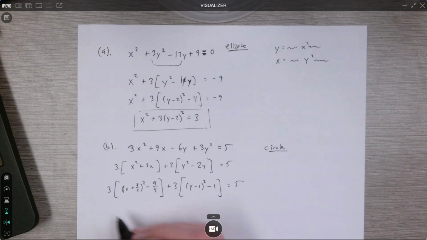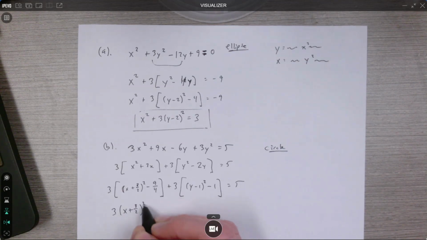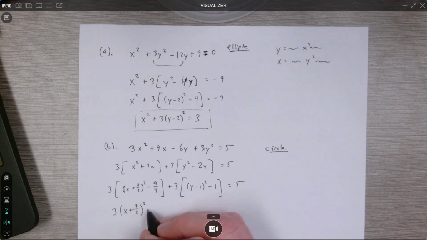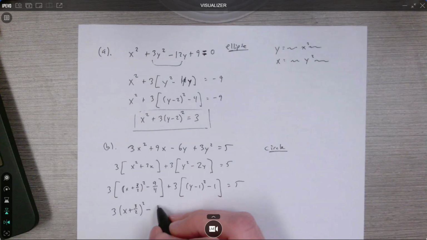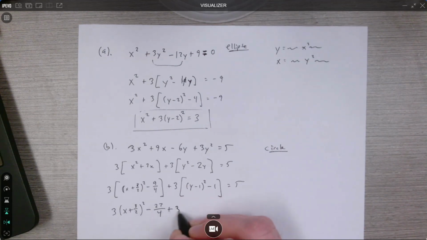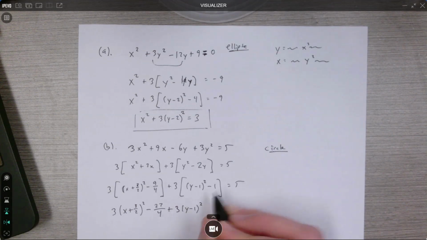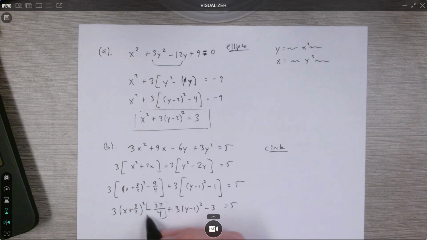So now multiplying back in, I've got 3 times x plus 3 halves squared. Multiply the 3 in. So that's going to give me 9 times 3 is 27 fourths. 3 times y minus 1 squared minus 3 equals 5. And so now let's move this thing and this thing over to the other side because they're constants.